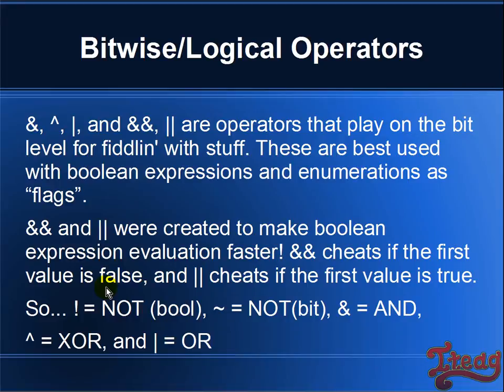So in other words, if the first Boolean expression on the left side of this is false, then it just skips the other side. It's kind of like flow control, but yeah, it jumps. So you can use double AND to make your code faster in a tight loop. And double OR cheats if the first value is true. Because with an OR, it can be one or the other. So if this one's true, it doesn't even have to evaluate the other. It just goes.